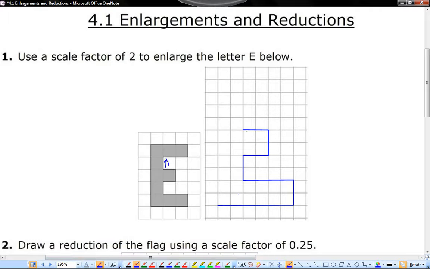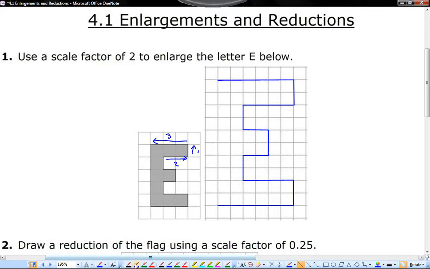And so in the enlargement, I'm going to be going up 2. And next, since this goes right 2, I'm going to double that and go right 4. And from there, go up 1 in the original, so it's going to be up 2 in the enlargement. And in the original, we go left 3, so I'm going to be going left 6.